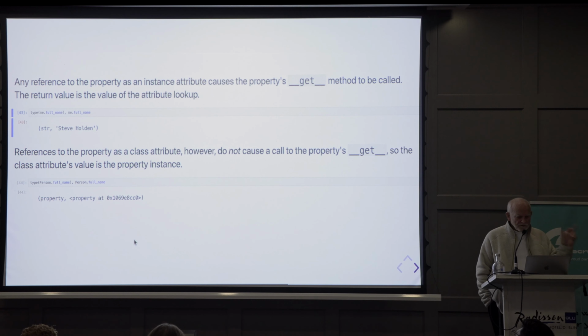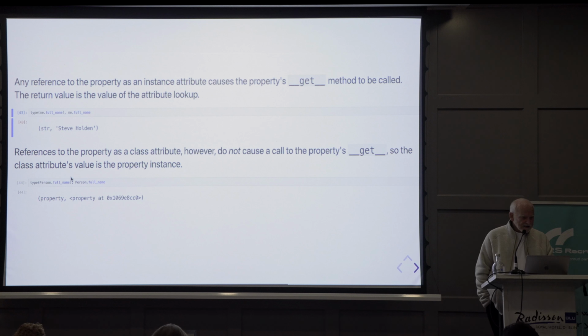But when you refer to the property as a class attribute, remember, that doesn't trigger the mechanism. The mechanism's only triggered when you access an instance attribute which has a descriptor in the class to underlie it.